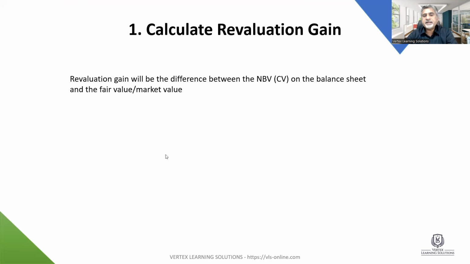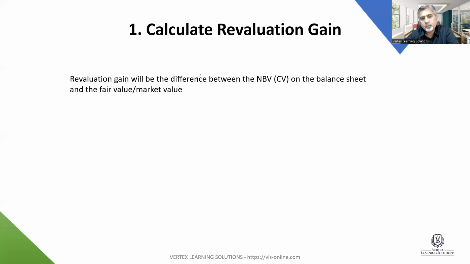Step number 1, calculate the revaluation gain. So revaluation gain will be the difference between the net book value or the carrying value, which in our case was 70,000 on the balance sheet, and the fair value or the market value, which is 120,000. It is the difference between these 2 numbers. Okay.